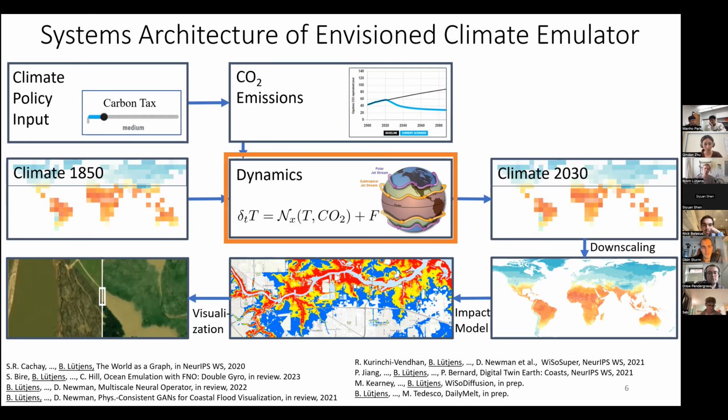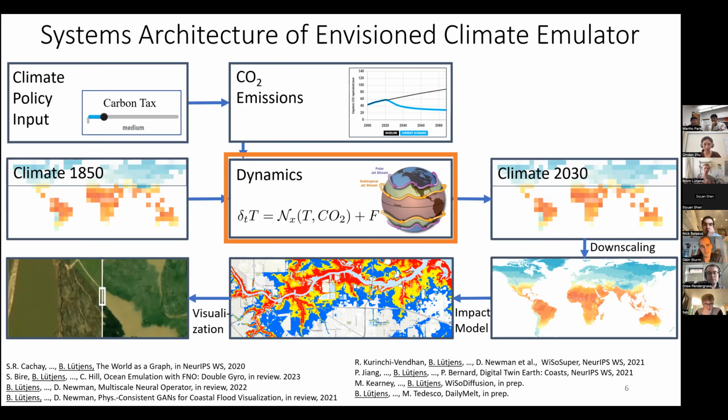The low resolution climate projections, which are now states of the climate, so temperature, humidity, pressure, wind variables, are downscaled onto a higher resolution grid and fed into impact models, which in this case was the climate state being fed into a hurricane track model, which fed into a flood model, a storm surge model. And now you can see the storm surge in Houston, and that was fed into a visualization.